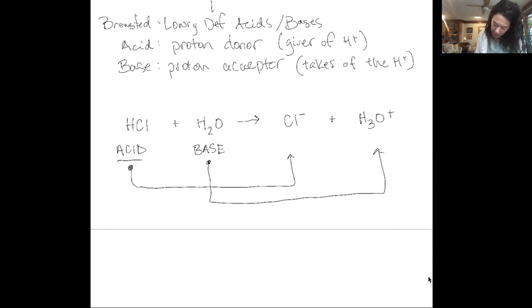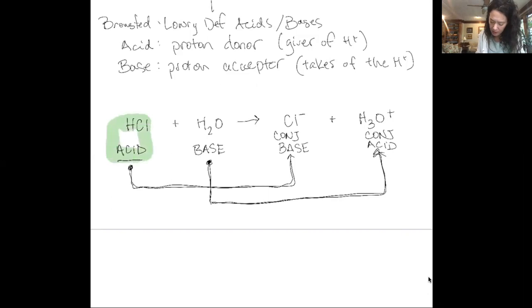Now, the acid's partner is called the conjugate base, and the base's partner is called the conjugate acid. So what we have here are conjugate acid-base pairs. There are two of them, right?